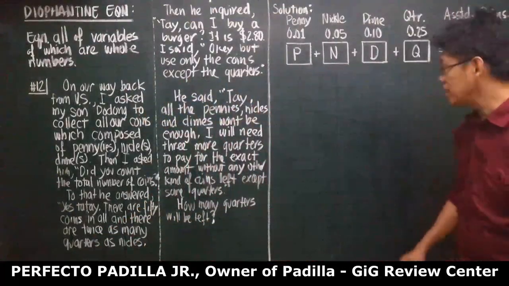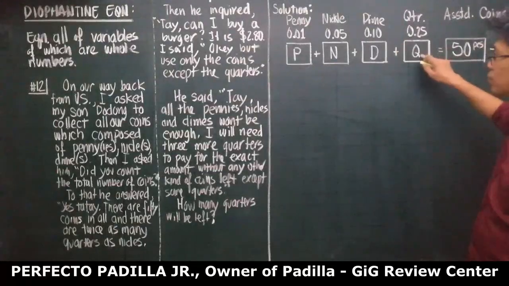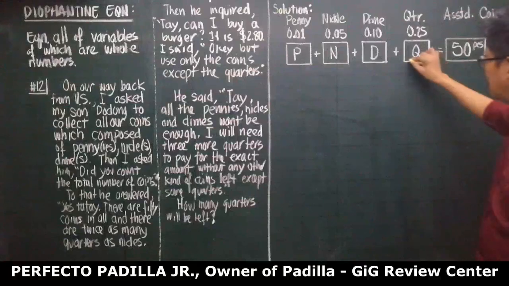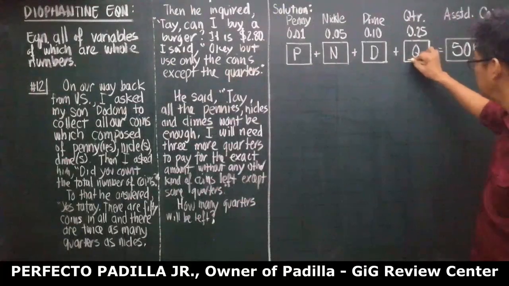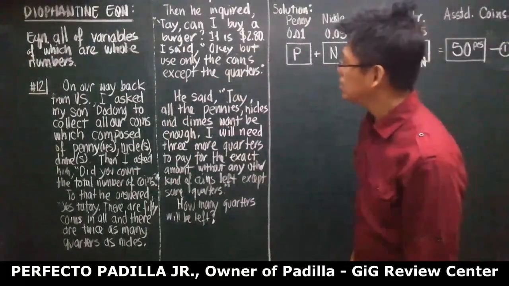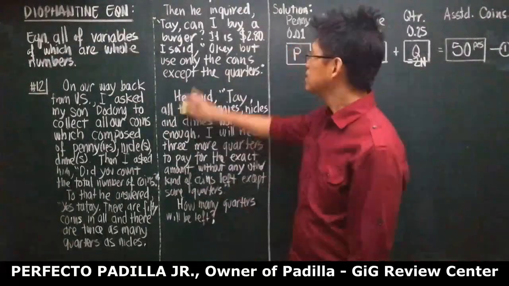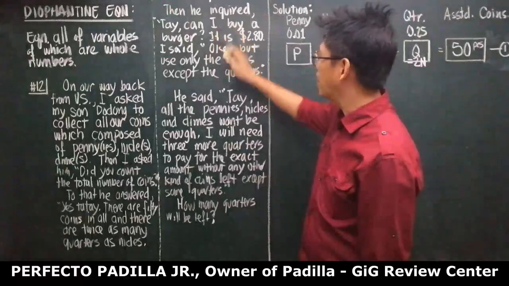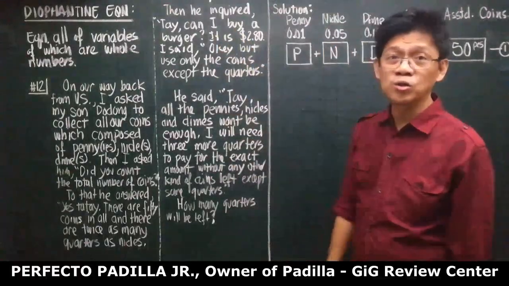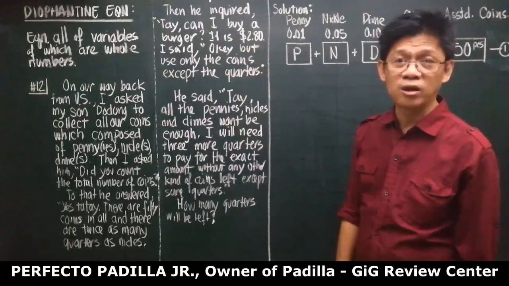So, i-reflect ko na lang to dito, ha? This is twice as this. So, I can express this as Q equal to 2n. And then he inquired, Ty, can I buy a burger? It is $2.80.